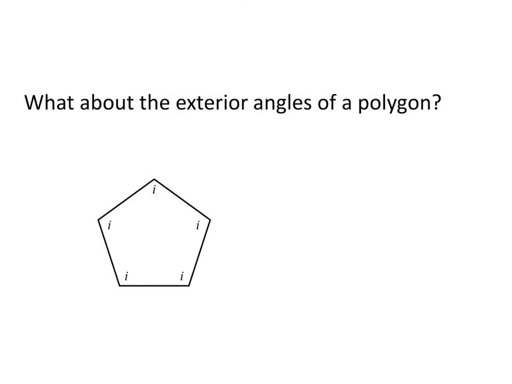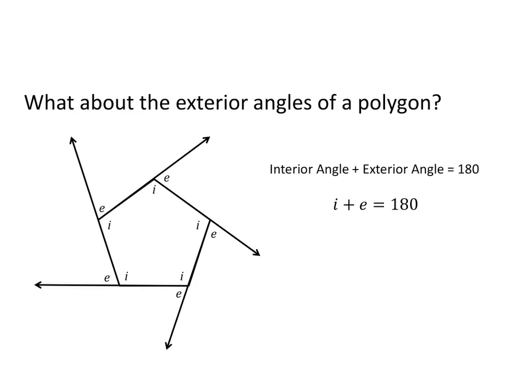Well, what about the exterior angles of a polygon? Extend all of my sides. Each side extended creates an exterior angle. So we know that the interior angle plus the exterior angle is going to be 180 degrees because it's a linear pair.